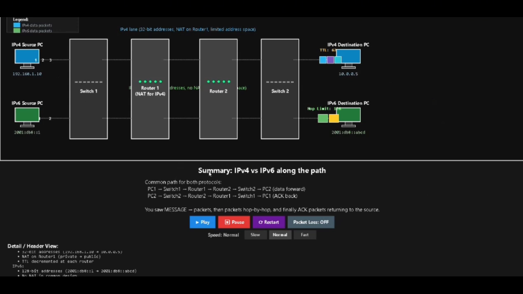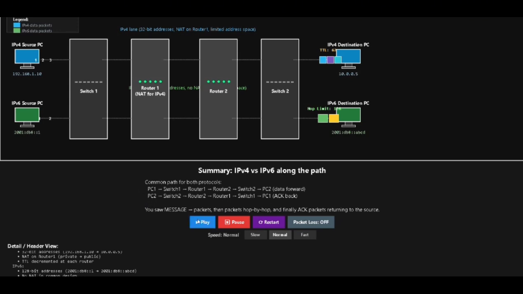You can see the summary of the common path from PC to switch, then router to switch, and data forwarded, and an acknowledgement comes back from the destination to the source. That acknowledgement is basically a confirmation that the data has reached the destination. So yeah, that's the main thing.